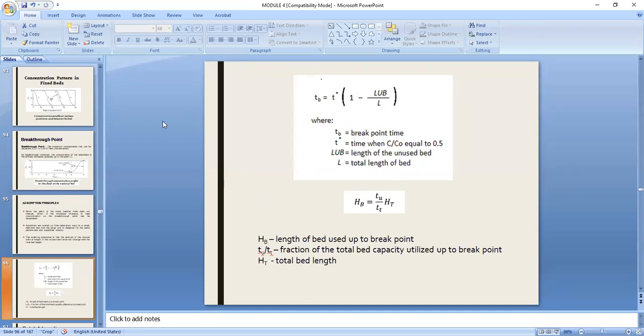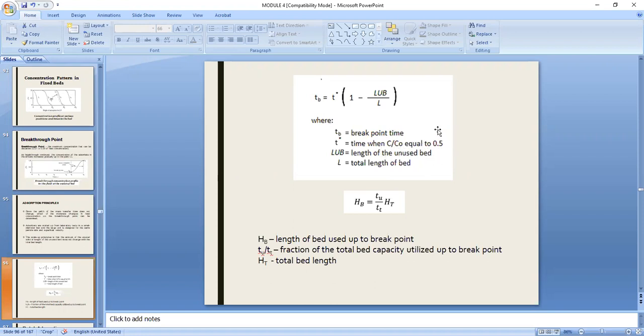So 0.01 to 0.05, or 1 to 5% only, and it's ready to be discarded already. When is that time when you are ready to discard it? When, in terms of concentration, it has already reached 1 to 5%. That's the breakpoint time. Determining it needs the time when C over C0 is equal to 0.5.